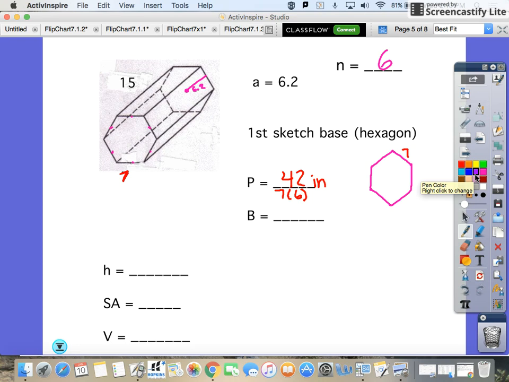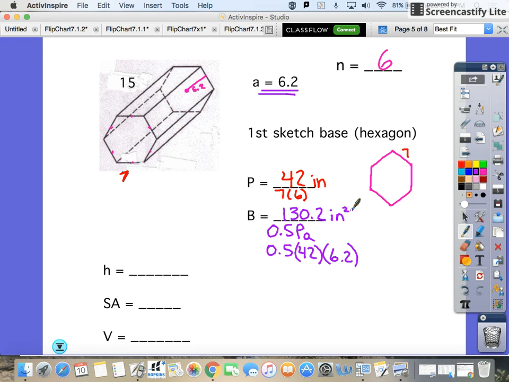Next, we need to find the area of the base, which again is half of the perimeter times the apothem. So half of 42 times our apothem from right here is 6.2. If you type in half of 42 times 6.2, you should get 130.2 inches squared, again, because it's area.